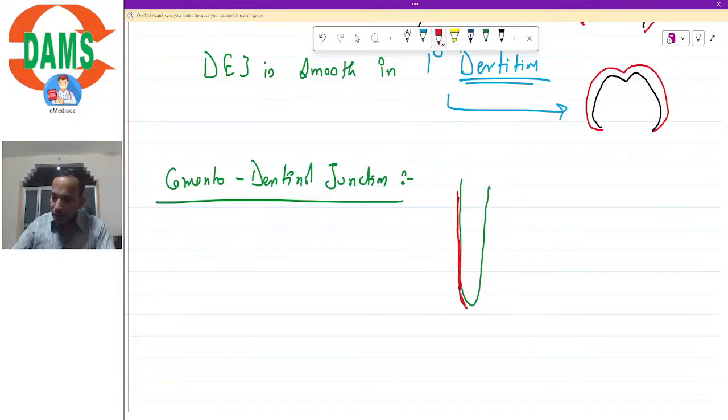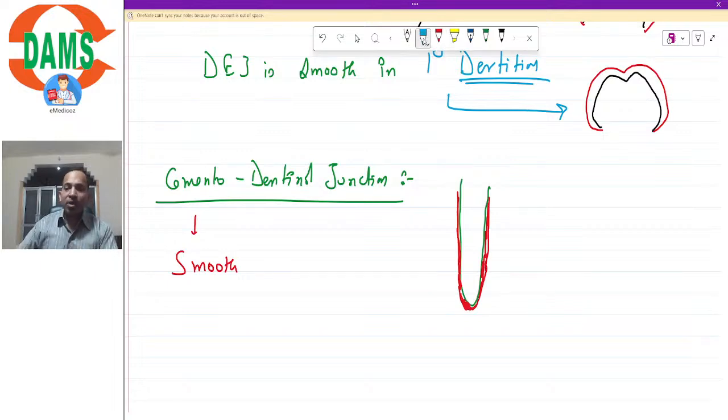So the root or the dentine surface of the root is covered by cementum. So what can we say about this junction? Now dentine and cementum, the junction is smooth, unlike the dentino-enamel junction. So do you think it is smooth in both primary and permanent? And the answer would be no.